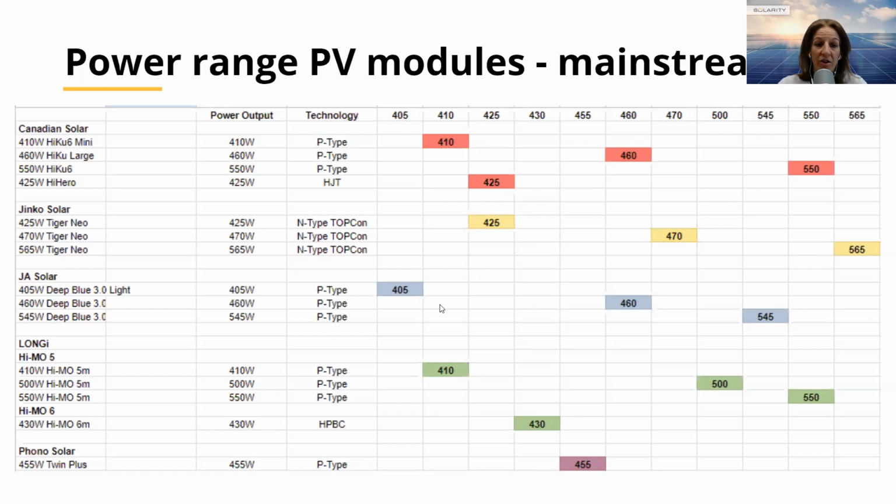About heterojunction, I definitely recommend Hero from Canadian Solar. This is one of the main ones. And our last premium product, which we just added to our portfolio, is from Longi, the Hi-MO 6, with these hybrid passive back contact models.